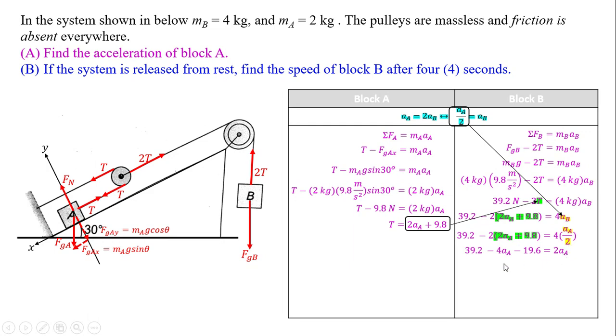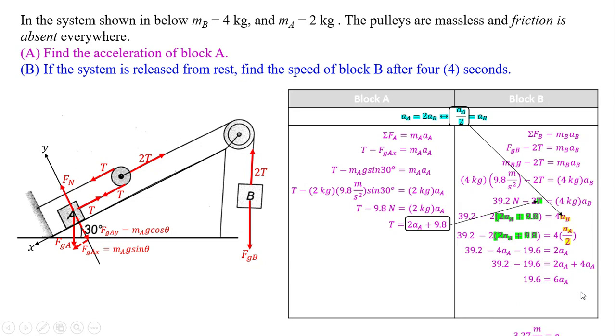Here we're just going to combine like terms and clean up a little bit. I'm going to move this negative 4a to the right side so that I can combine like terms, and leave the coefficients without the a alone. So it'd be 39.2 minus 19.6, which is equal to 2a plus 4a. 2a plus 4a is just 6a, and 39.2 minus 19.6 is just 19.6.